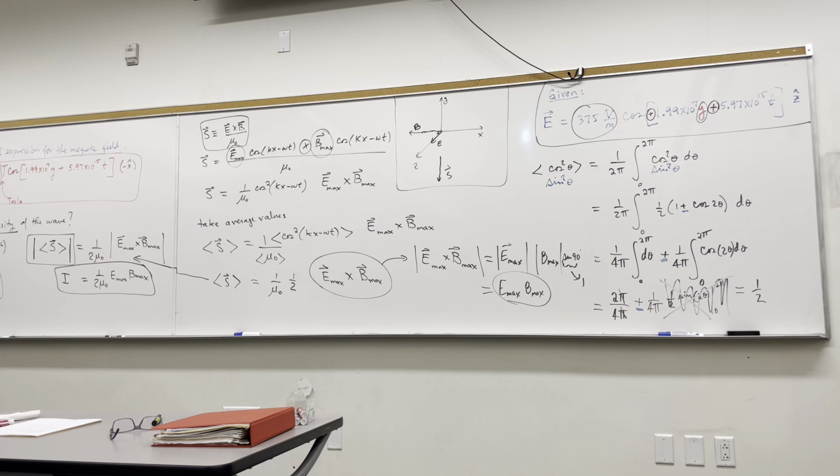In this picture, we said the electric field is in the positive Z direction, and the magnetic field has to be in the negative X direction, right?